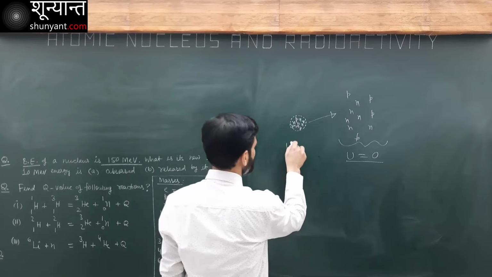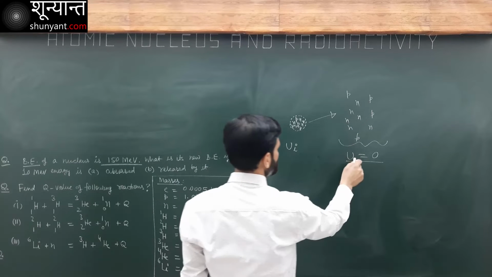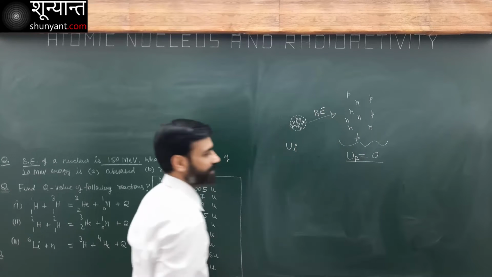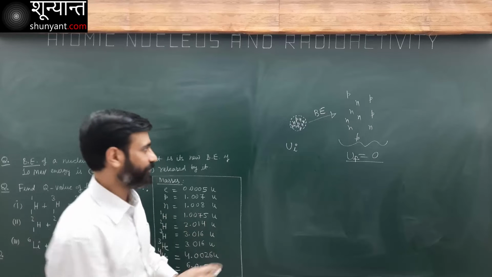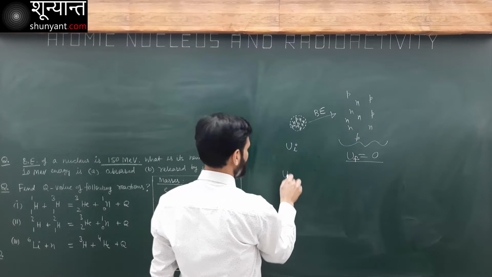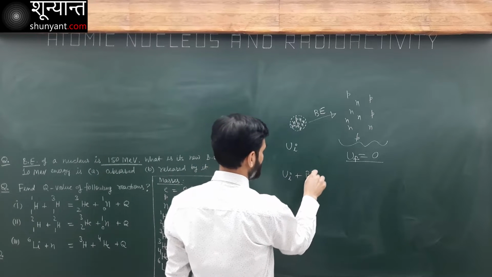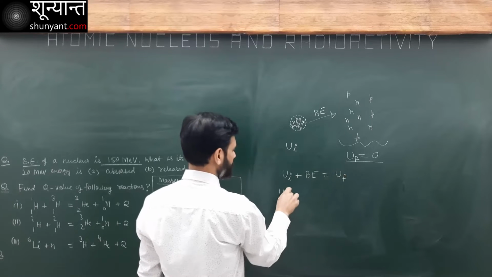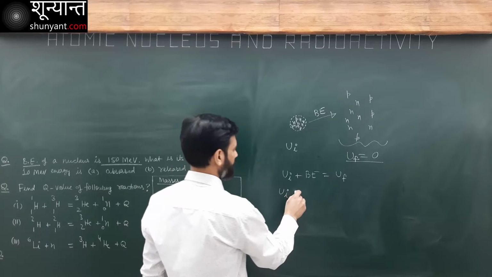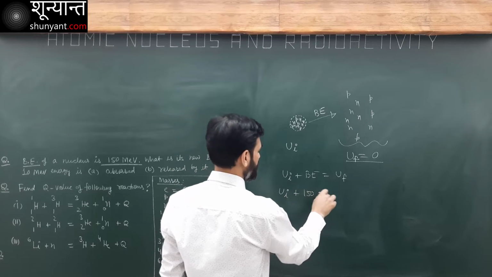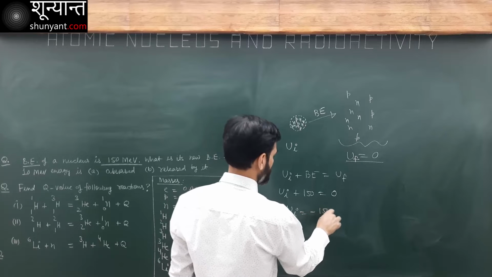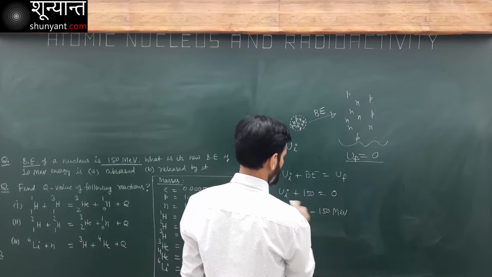So this is my initial energy, and this is my final energy. I am providing it the binding energy. So U initial plus binding energy is equal to U final. U initial plus 150 is equal to 0, so U initial is minus 150 mega electron volt.